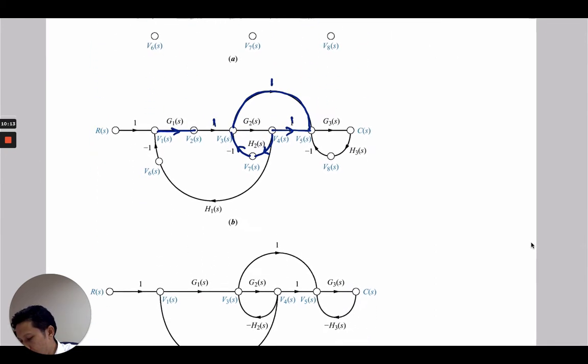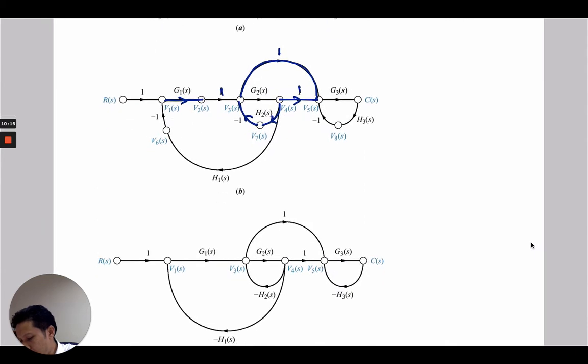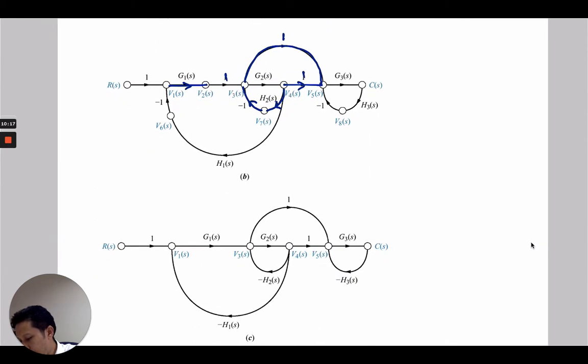That's it. And then we can simplify the signal flow graph here in figure B to figure C. We can simplify between V1, V2, and V3 by multiplying G1 and 1, we get G1.